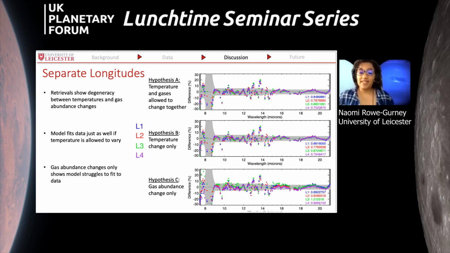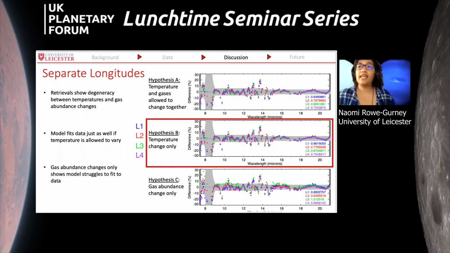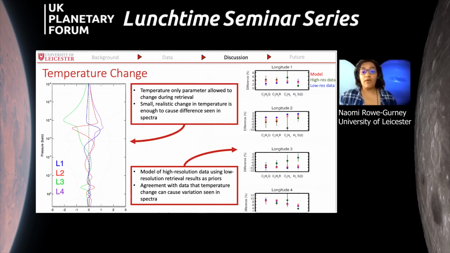So what this is telling us is that it's more likely that it's a temperature change only rather than a gas abundance change only, and the temperature change only can fit just as well as when we allow gases to change as well. So we wanted to find out whether this temperature change only is caused by realistic temperature changes.